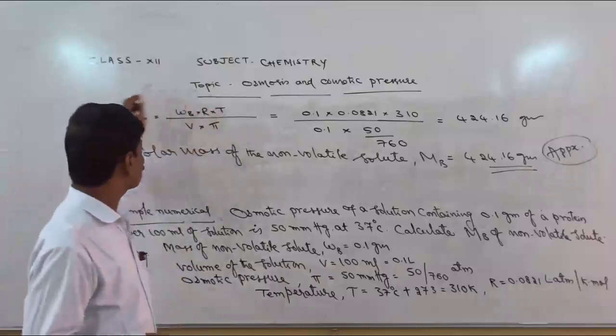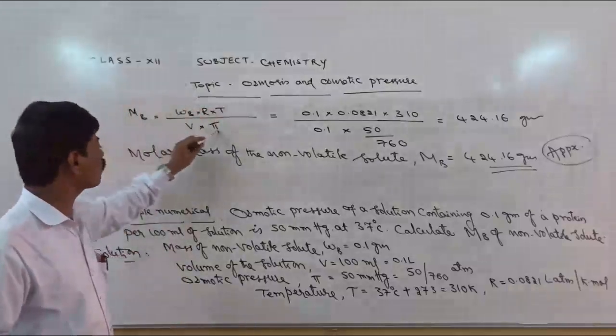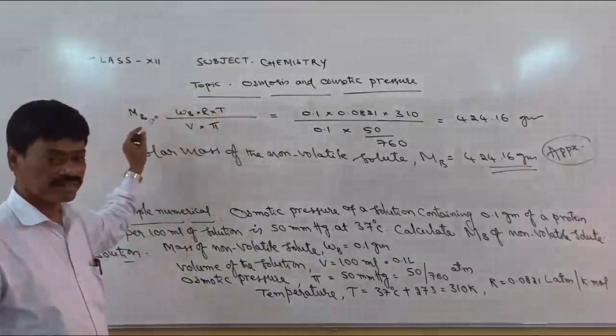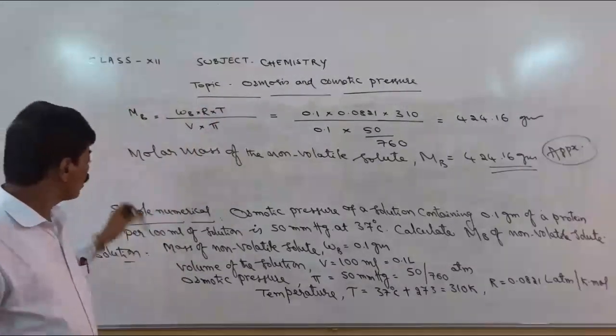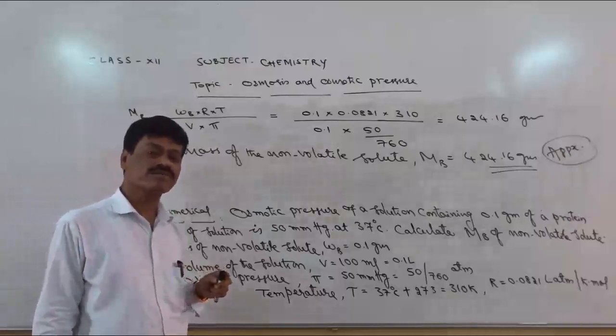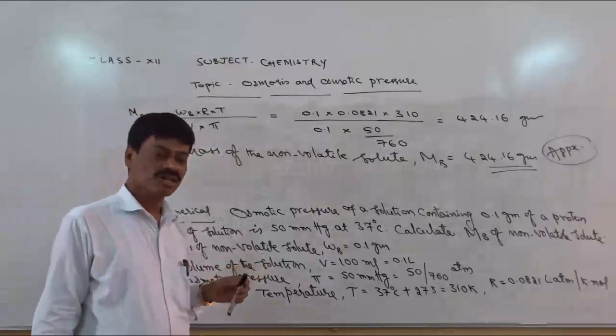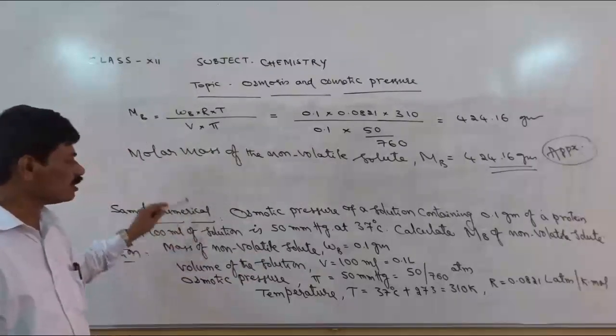So as shown in the formula, osmotic pressure and molar mass of the non-volatile solute are correlated in this way, right? So the application of osmotic pressure is that it is useful in finding out the molar mass of the non-volatile solute. And this is one sample numerical.